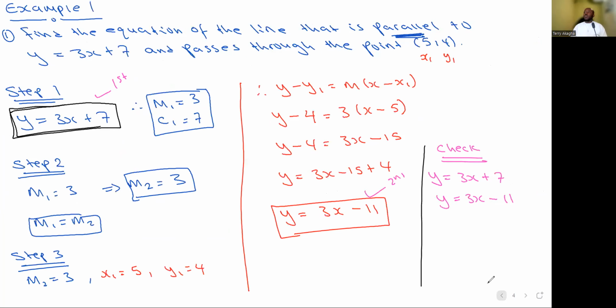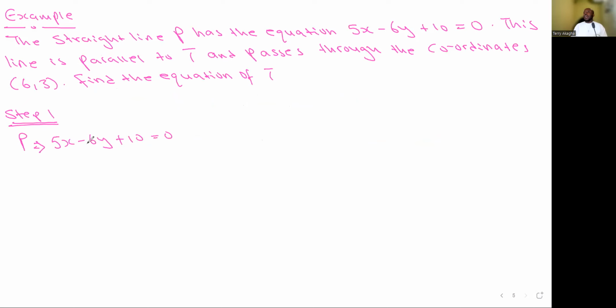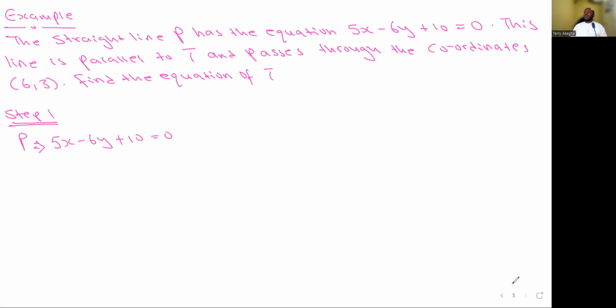Remember I told you that there are 4 ways of writing the equation of a line. We have the standard form, which is ax plus by plus c. You can see that this was written like that. But the rules say that you have to write it in the slope-intercept form. So we need to convert this to slope-intercept form.